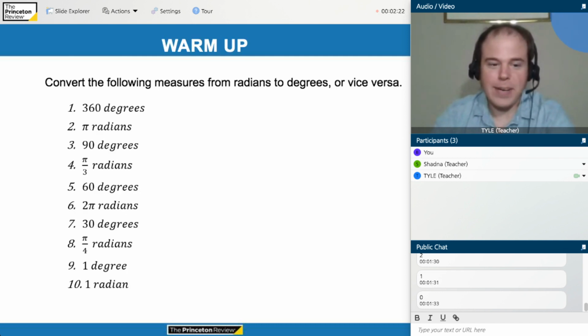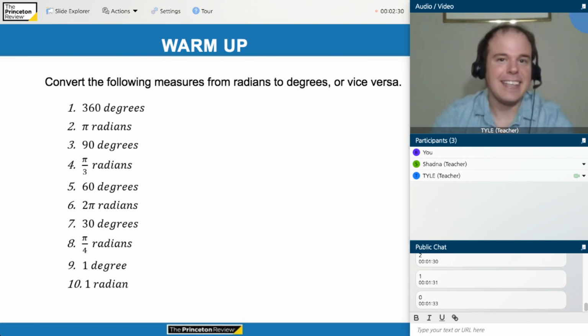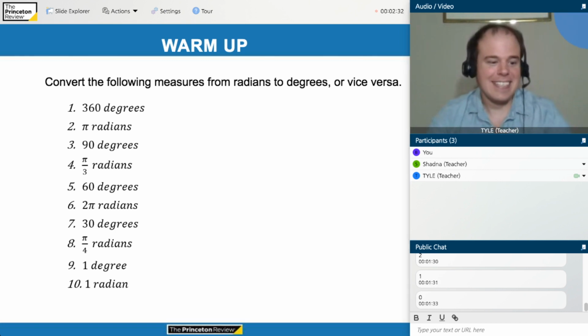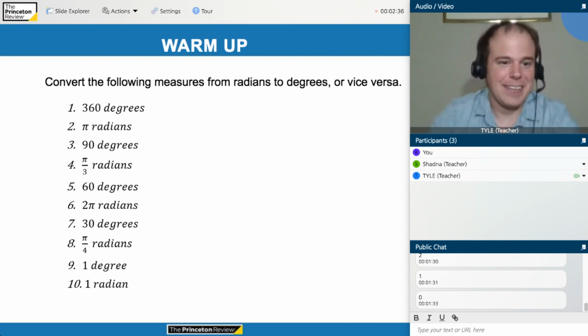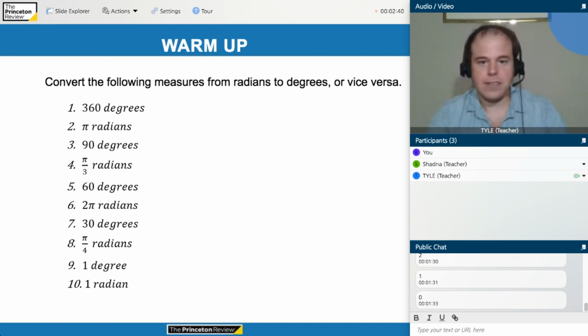Let's start with a quick warm-up. Please convert the following measures from radians to degrees or vice versa. If you don't know how to do these, you've come to the right place. I will teach you. But for those of you who do have some familiarity, you can warm up by trying some of these.